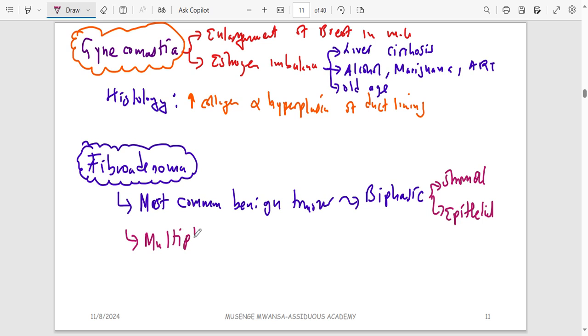So you are not just going to see one part that has fibrous tissue with adenosis or increase in number, but multiple and bilateral, affecting both sides of the body or the breasts.